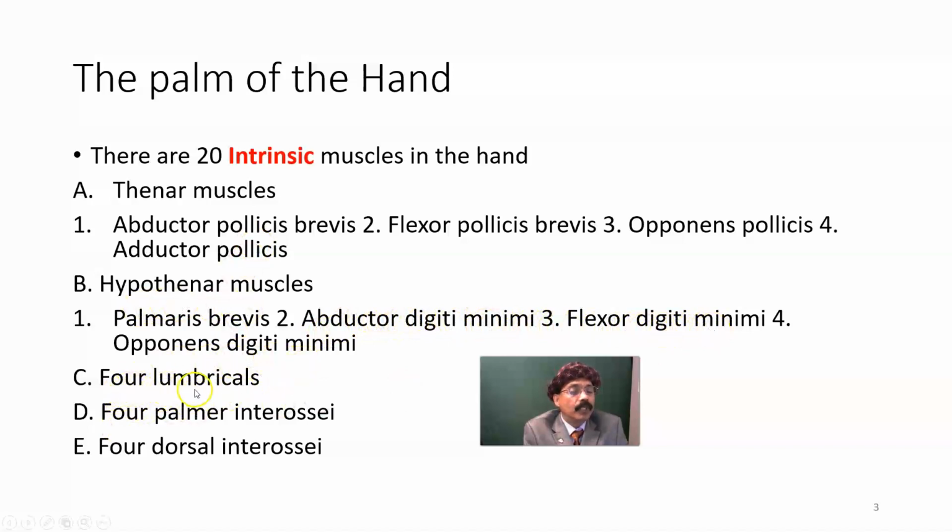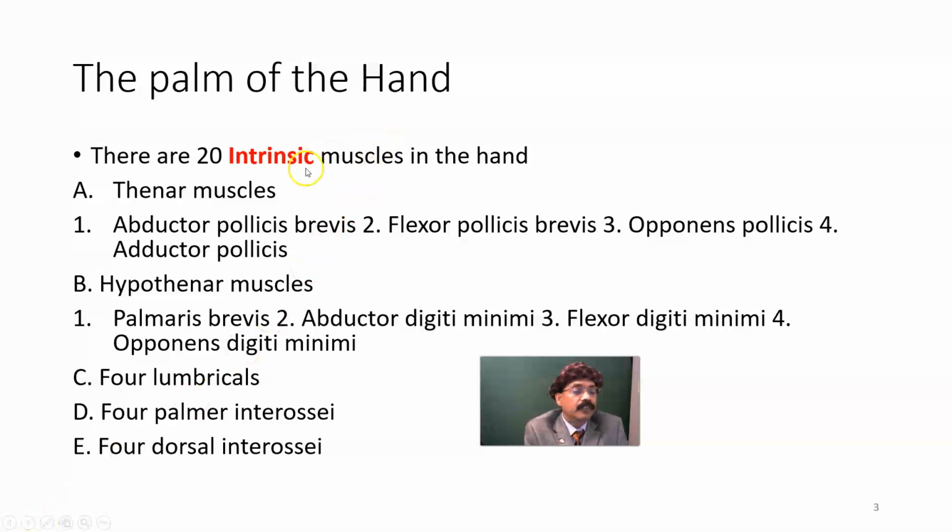We have four lumbricals, which take origin from the flexor digitorum profundus tendon, and four palmar interossei and dorsal interossei. So we have 20 intrinsic muscles. They are intrinsic because they take origin and insertion in the hand.